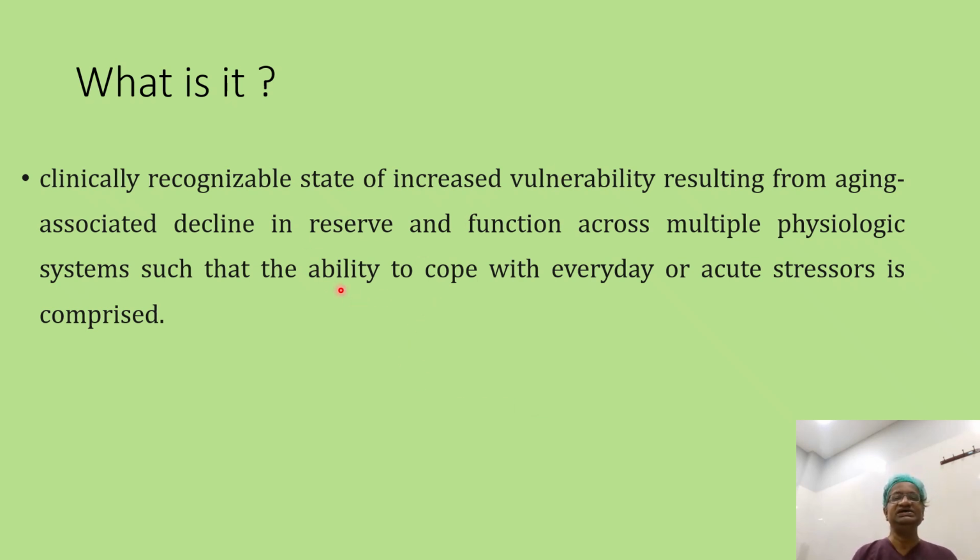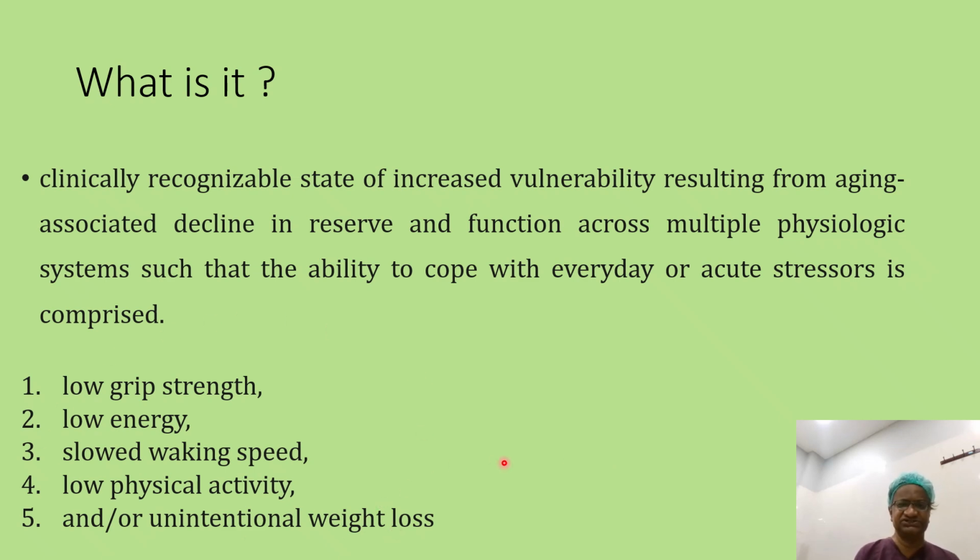The vulnerability is inability to cope with everyday work. For example, they walk daily to the toilet or restroom, and they fall on and off. This is the inability to cope with everyday or acute stressors. An acute stressor is an infection, infarction, trauma, an operation, etc.